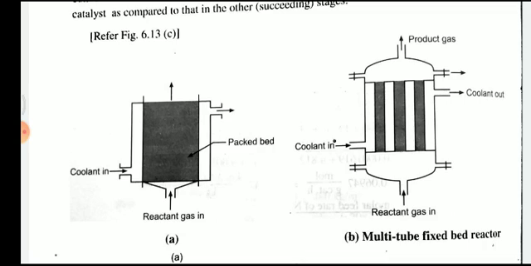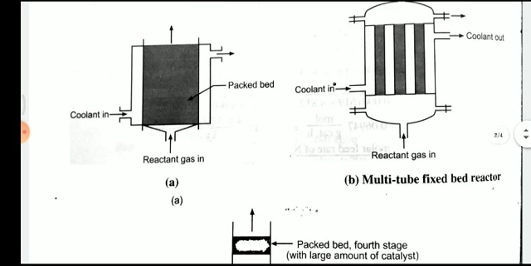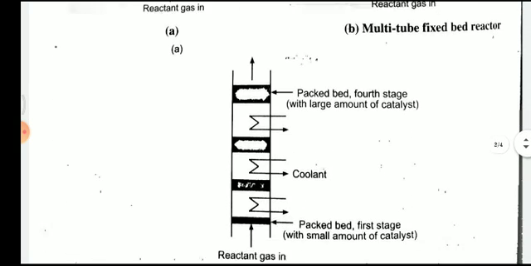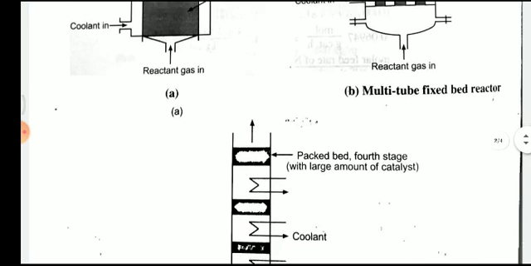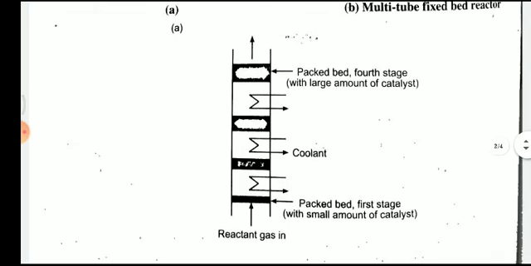And the reactant gas is inlet from the bottom portion of the vessel, and it leaves in the form of product gas. Okay, the reaction takes place exactly where the catalyst plays its role. And the third one, which is a different type, is a multi-bed reactor.